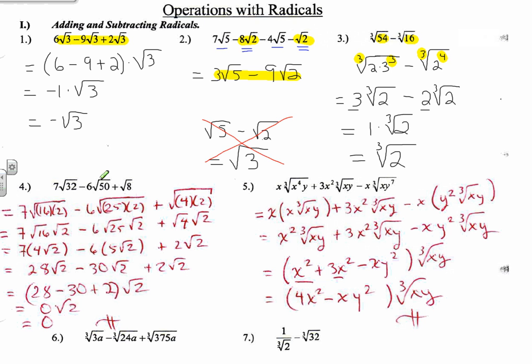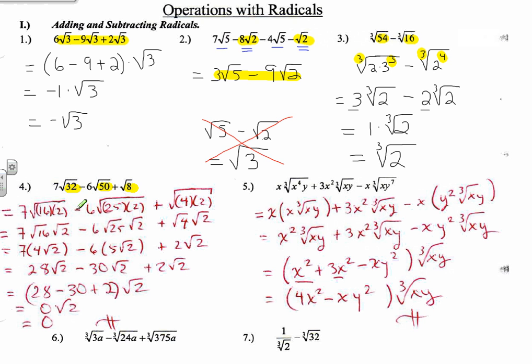Notice that all three of these radicands, 32, 50, and 8, and since I'm dealing with square roots, all of these radicals can be simplified. So I use a shortcut for simplifying square roots.